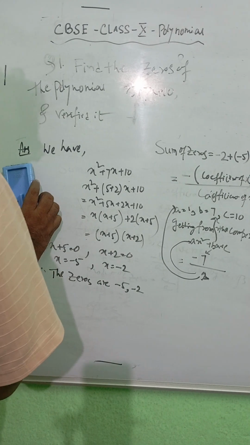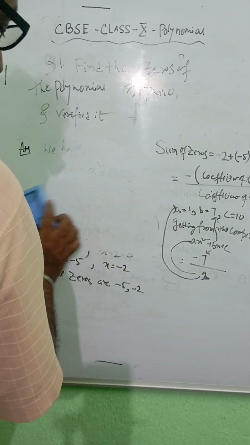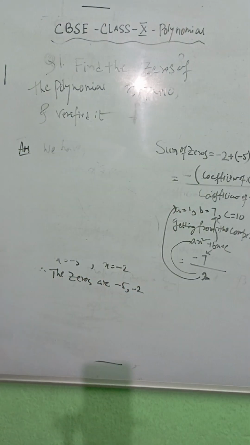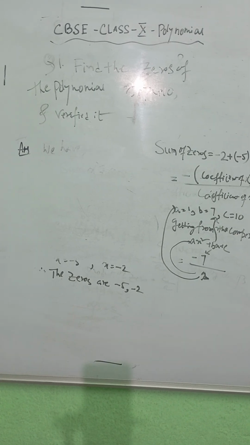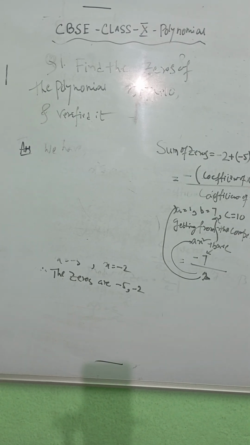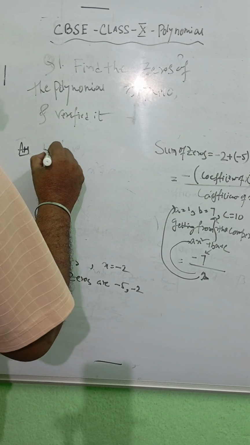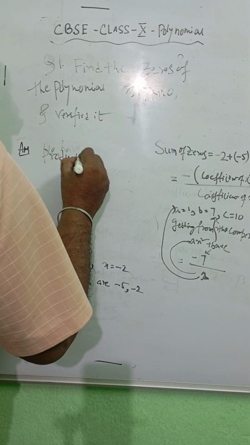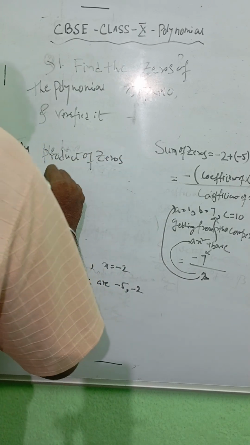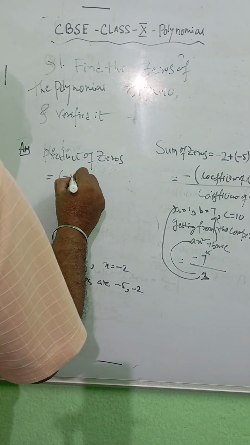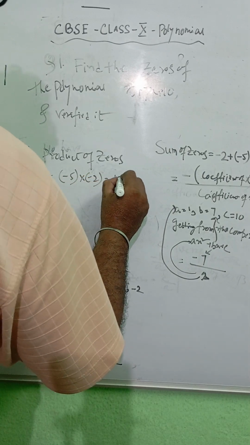Again, the product of zeros is equal to minus 5 into minus 2, which is equal to 10.